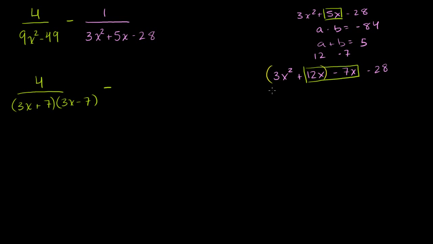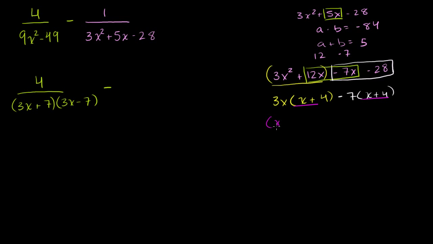If we factor out a 3x here, this first expression is the same thing as 3x times x plus 4. And then in the second expression over here, let's factor out a negative 7. So minus 7 times x plus 4. And lucky for us, we have a common factor, x plus 4. So we can factor that out. So if you factor out the x plus 4, you get x plus 4 times 3x minus 7.